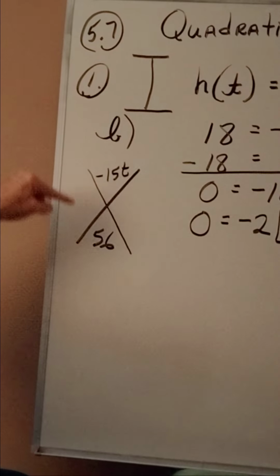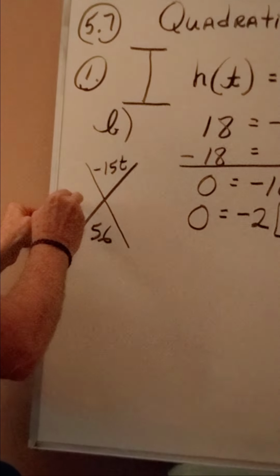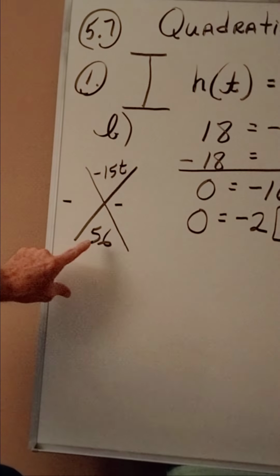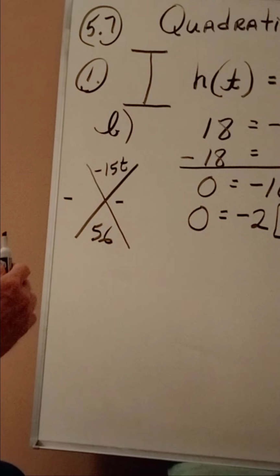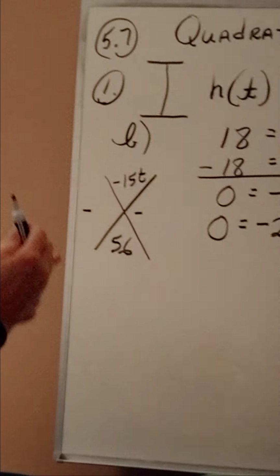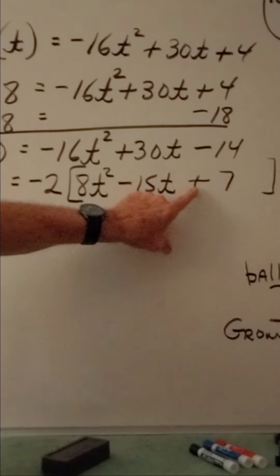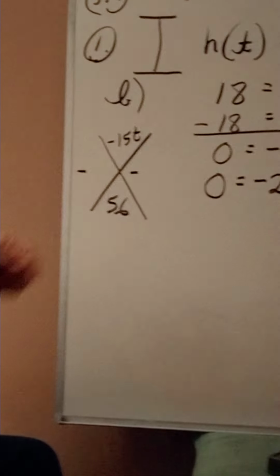And they will have the sign of the middle term. So I'm going to stick the negative there and the negative there. And then we're going to identify two factors of 56 that when really added together, why really added? Because the sign of the last term is positive. That when really added give us 15.